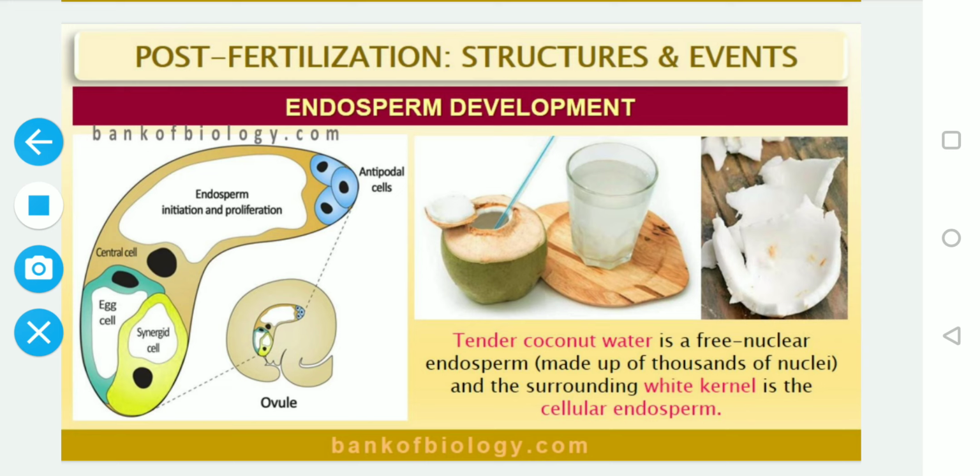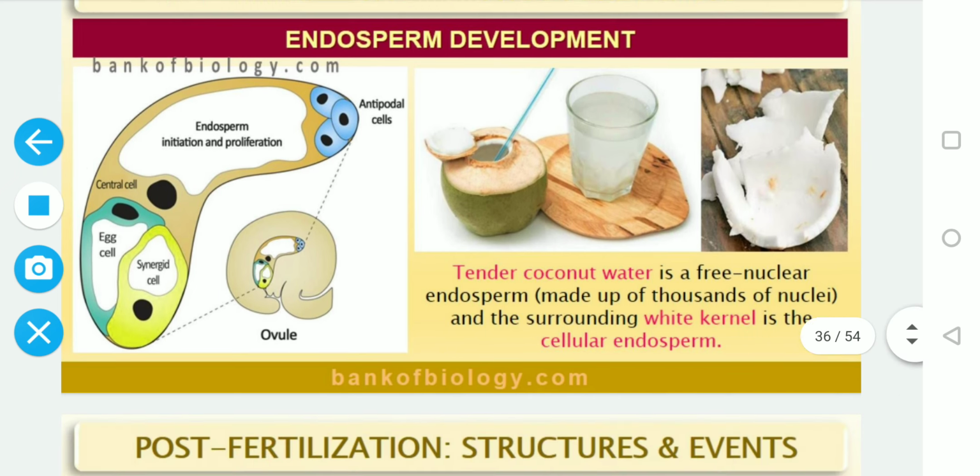So you must have experienced these things. Got it? Best example. Sometimes in competitive exams also they will ask. So this is the only species where we can identify both free nuclear endosperm and cellular endosperm clearly.